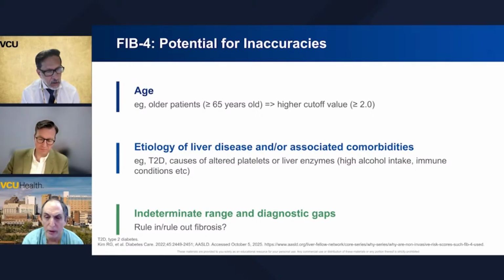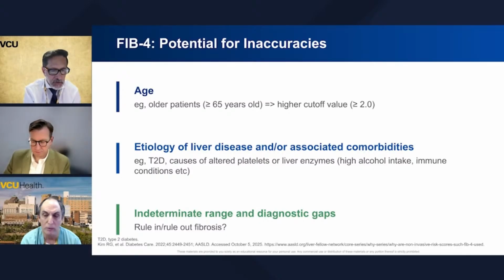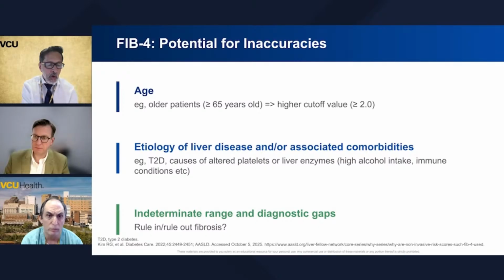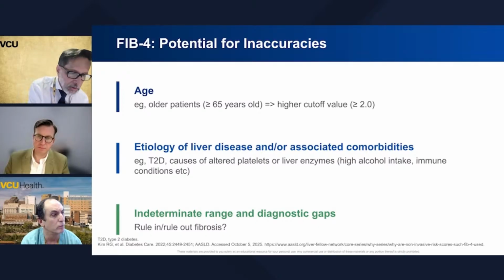So maybe Quentin, you can speak a little bit to that. And in your practice, what are the tests you're currently using for secondary testing to gain more certainty as to whether someone indeed has enough liver disease to warrant either triage to a gastroenterologist or hepatologist, or for consideration for treatment?